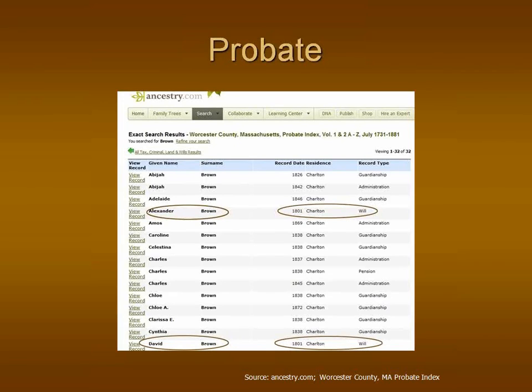Okay, so I scanned the dates and I found an Alexander Brown who has a will there about 1801 and a David Brown who is also 1801 in Charlton. Now if you look at the other dates, we've got 1826, 1846, 1837. Well, that's nice information, but unfortunately Nathan Brown and his family seems to have left Charlton no later than 1815. So anything beyond that date is not really relevant.